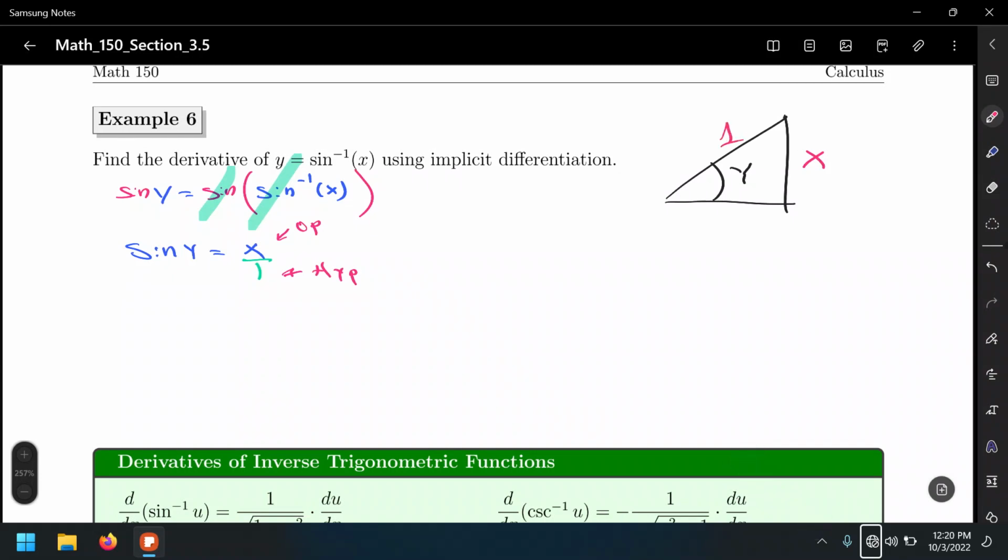If we do the Pythagorean Theorem using these two pieces of information, that's c squared equals a squared plus b squared. That's 1 squared equals x squared plus b squared. That means b squared equals 1 minus x squared, and b will be the square root of 1 minus x squared. So that's going to be this quantity.